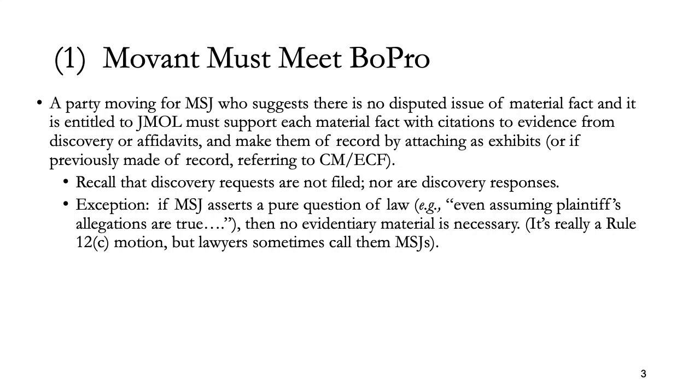It has to support each material fact with citations to evidence from discovery or affidavits, and make them of record by attaching them as exhibits to its motion, or if they've been previously filed, then you refer back and you say, the deposition of Mr. Smith was previously filed in connection with some other motion, see docket number. You don't have to file it again. Now, in the real world, we just file it again because everything's electronic.